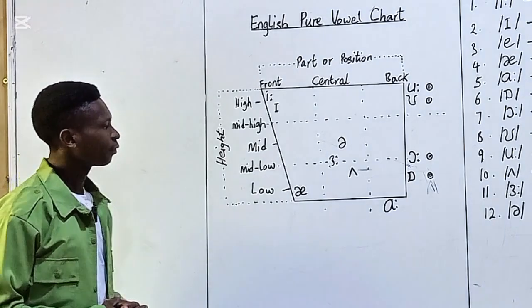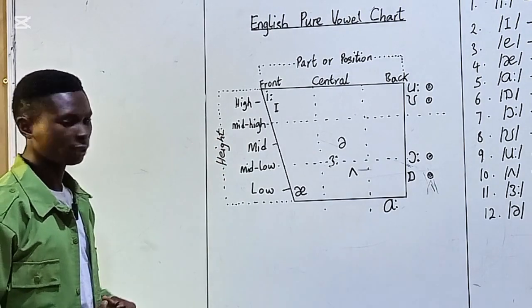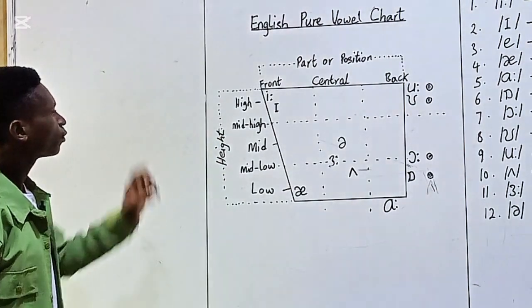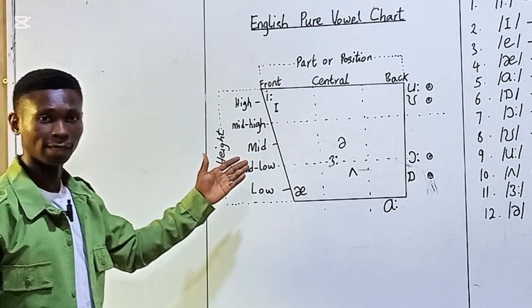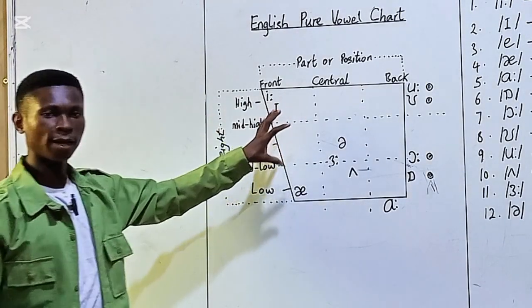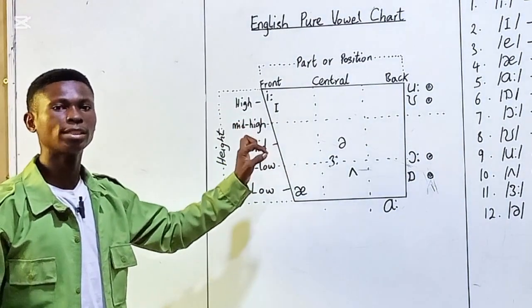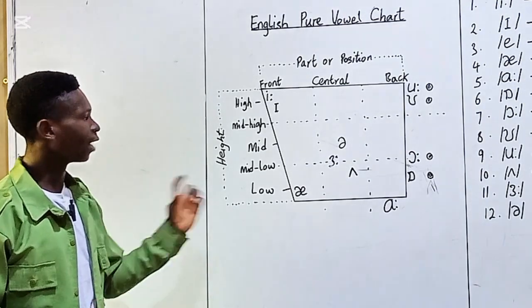We have a diagram here, and on this diagram we have two sides, the horizontal lines and the vertical lines. So this diagram represents the movement of the tongue during the production of any vowel sound.